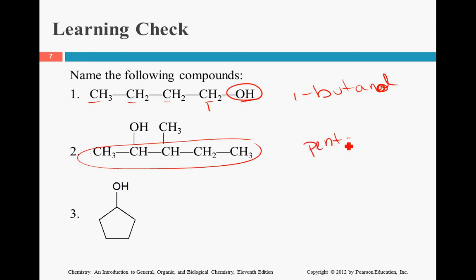That's pentane, and it becomes pentanol. We have an OH group here and a methyl group here. So 1, 2, 3, because we want to count closest to the OH. So on the second carbon of pentanol, there's an OH group, and then on the third carbon, there's a methyl group.